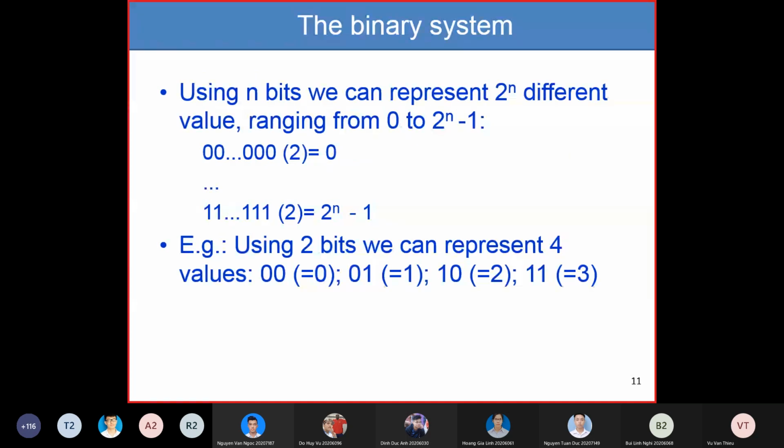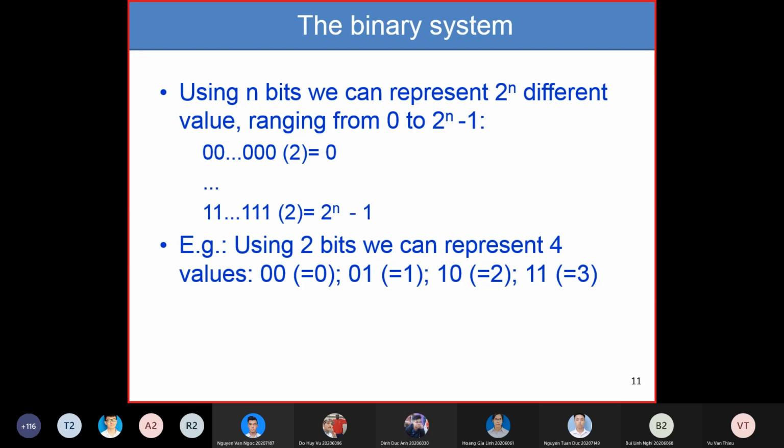Okay, similar to the decimal system, when we use n bits in the binary system, we can represent 2 to the power n different values, because the base equals 2, ranging from 0 until 2 to the power n minus 1.